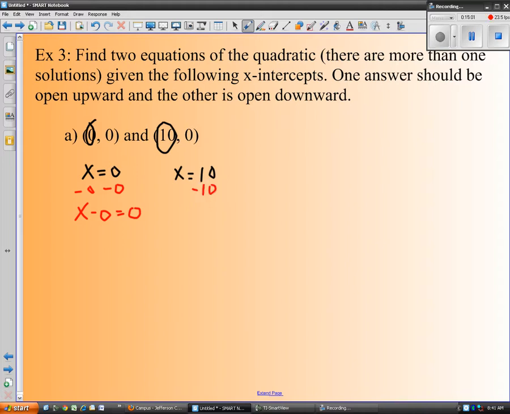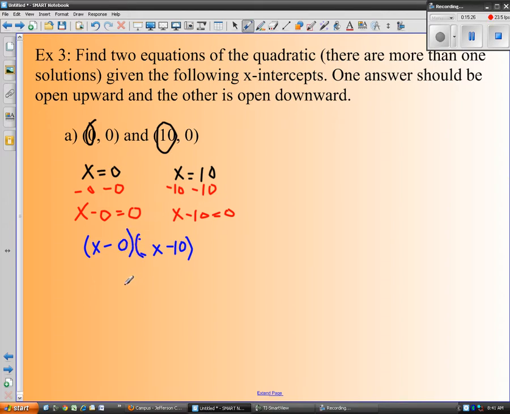So this x minus 0 and the x minus 10 are our two binomials that will multiply together to get me the quadratic function that I'm looking for. And really, I could just write it as x times x minus 10, because the 0 minus 0 doesn't really help me.